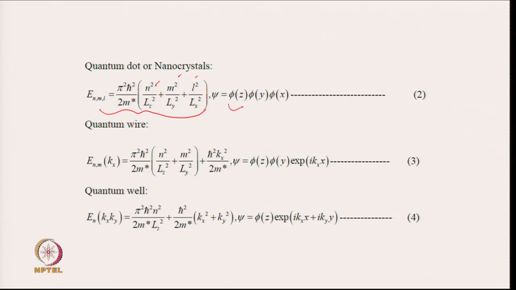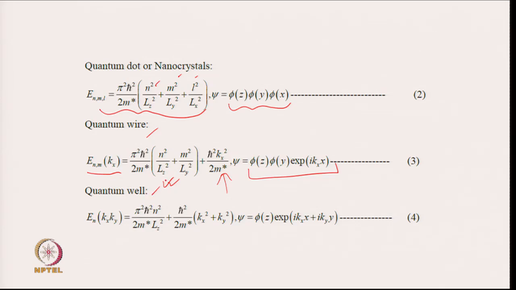and the wave function can be written as psi is equal to phi z multiplied by phi y multiplied by phi x. For a quantum wire confined in 2 directions, it depends on 2 quantum numbers n and m, and your energy will be given by these 2 terms, and this is where it is not confined, and your wave function will be phi z multiplied by phi y and exponential i kx into x.